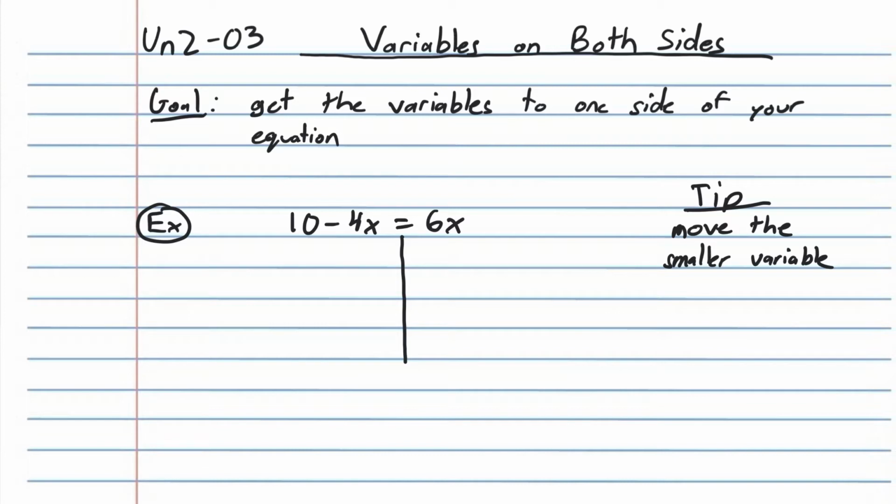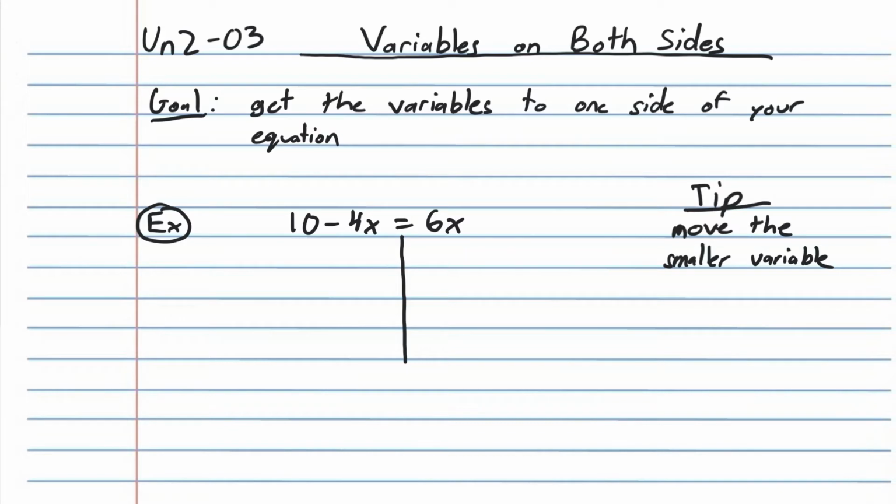Sometimes it's easier just to move the bigger one, but for the most part, it's usually easier to move the smaller one. So in this example, you have negative 4x and positive 6x. The smaller of those two is the negative 4x. So let's say we move that.